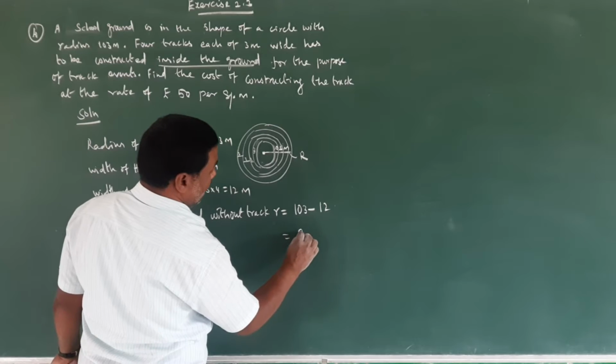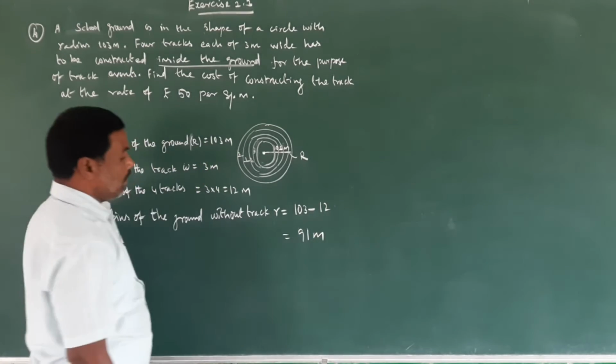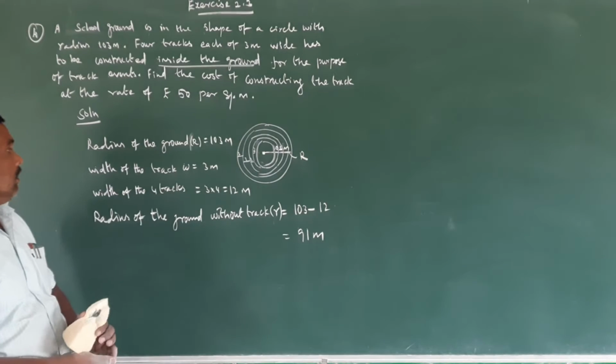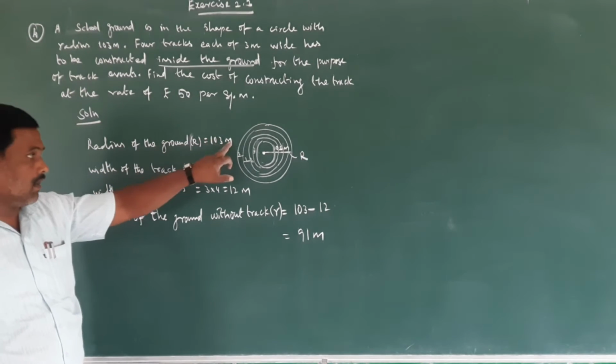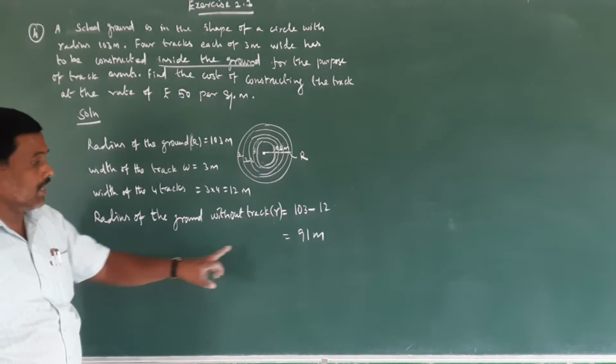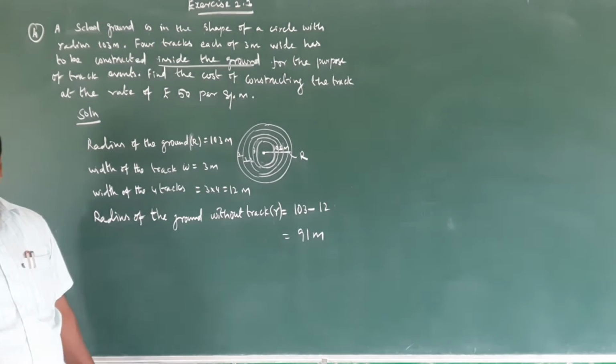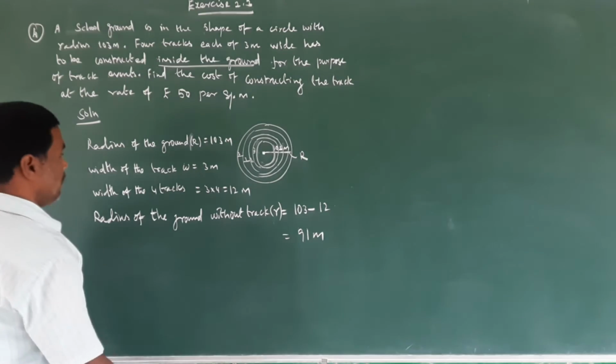Now answer 91 meters. That is small r. The capital R is 103 meters. The small r is 91 meters.